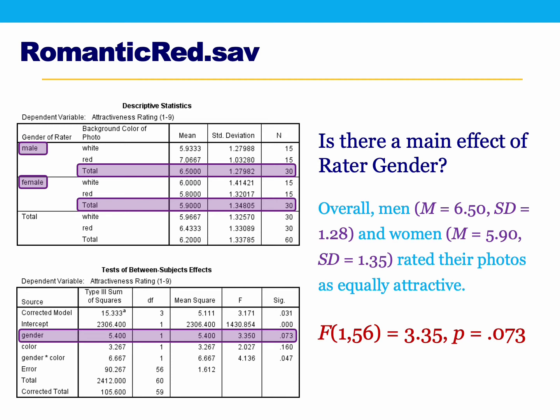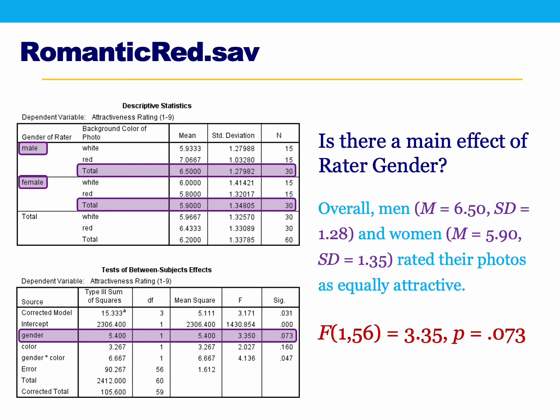If we want to see whether that's a significant difference, we would go to gender in the test of between subjects effects table, and that p-value is 0.07, which is close to 0.05 but not less. So we would say that overall men and women rated their photos as equally attractive.